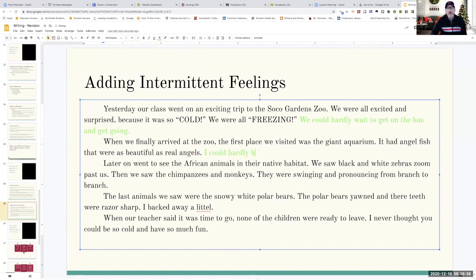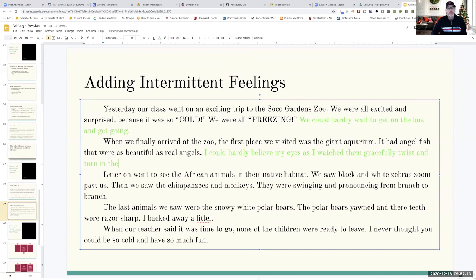I could hardly believe my eyes as I watched them gracefully twist and turn in the water. Okay, so we're talking about the angelfish here, and then we're adding some thoughts and some feelings.